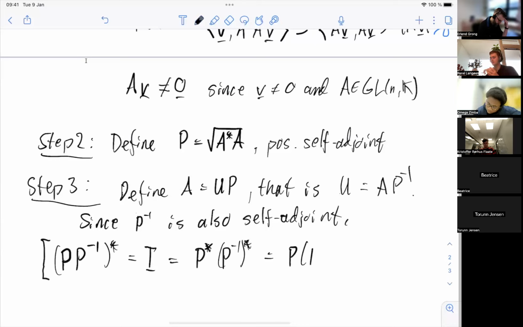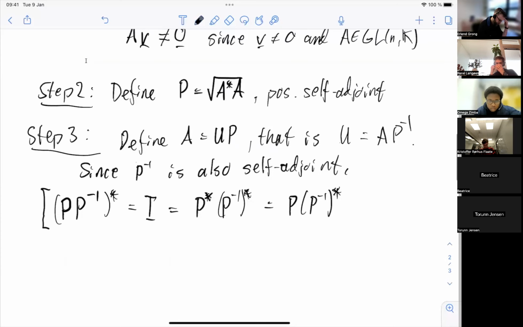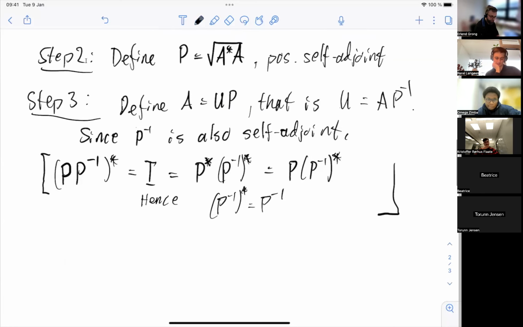But this is then P inverse star. So hence P inverse star has to be equal to P inverse, because if I multiply with P, I get back to the identity. So just because of this changing of order, it follows that P inverse is also self-adjoint.